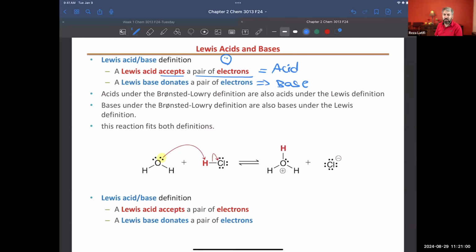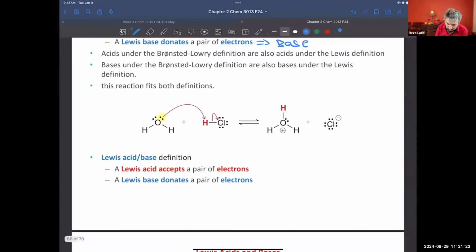Bronsted said the acid is the one that's donating H plus. For Lewis, we say an acid is a compound that's going to accept a lone pair.